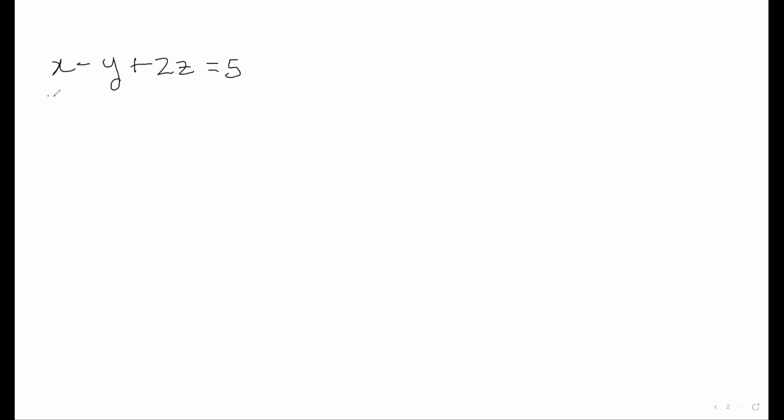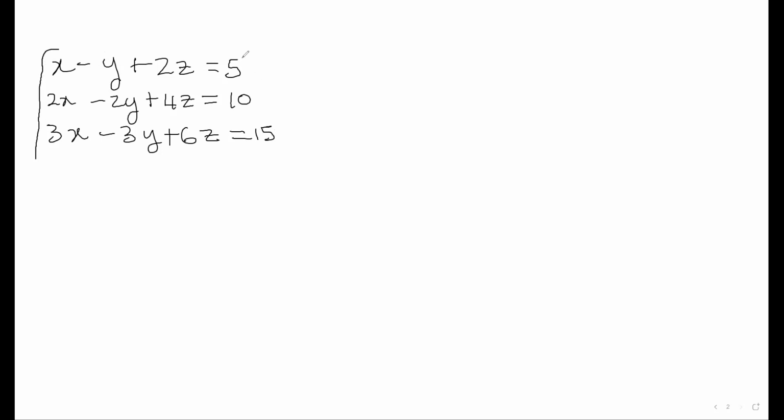And then 2x minus 2y plus 4z is equal to 10. 3x minus 3y plus 6z is equal to 15, right? This is a system of equations.